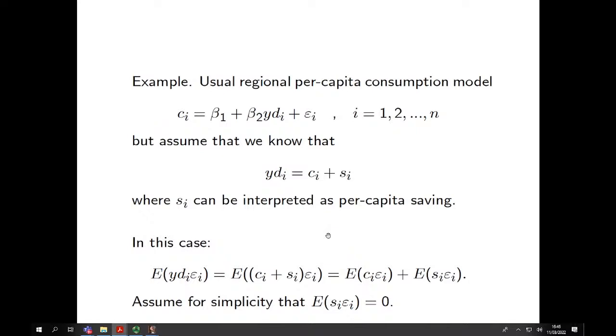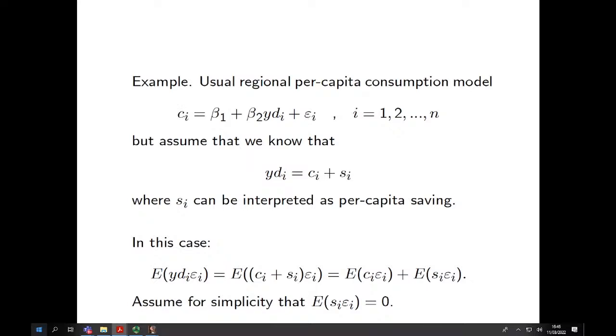In this model we regress, say, per capita consumption in region i over a constant and over disposable income of region i plus an error term, okay? And we did OLS, we estimated beta 1 and beta 2 by OLS. What could be the suspicion here? I could say, well, at the end of the day, what is disposable income?